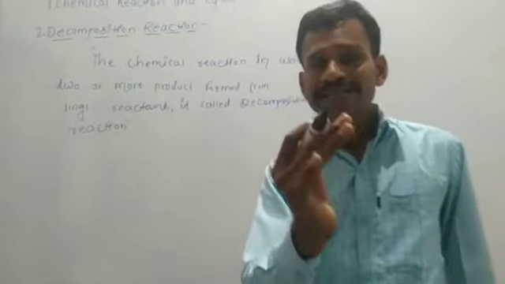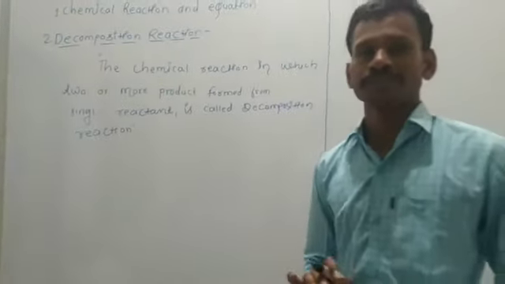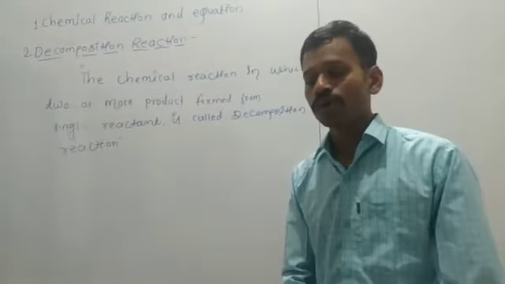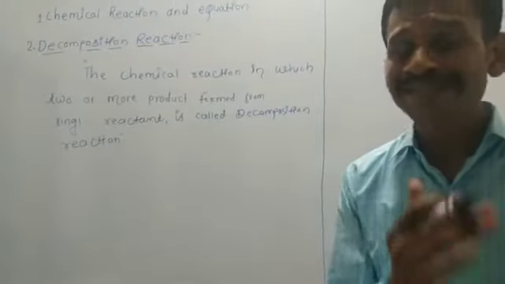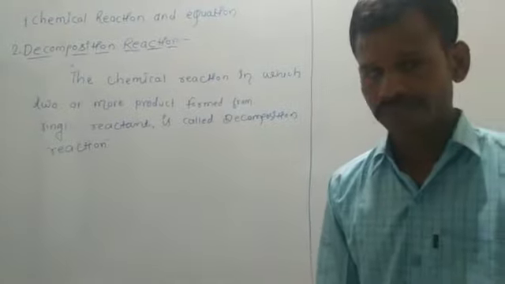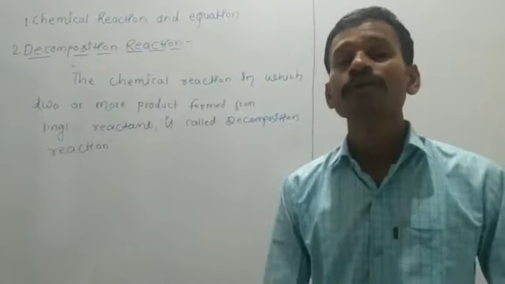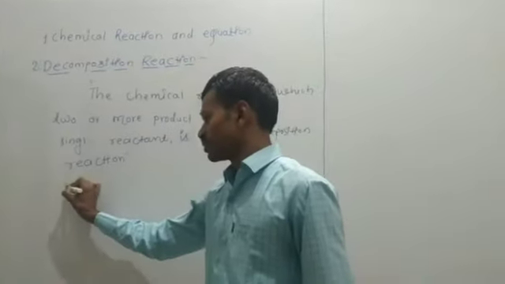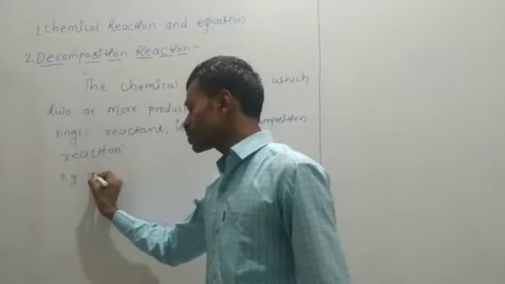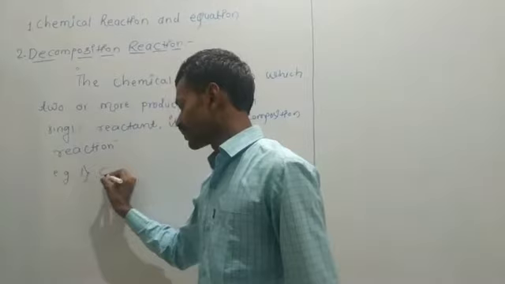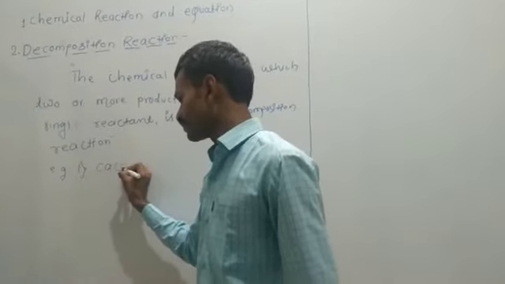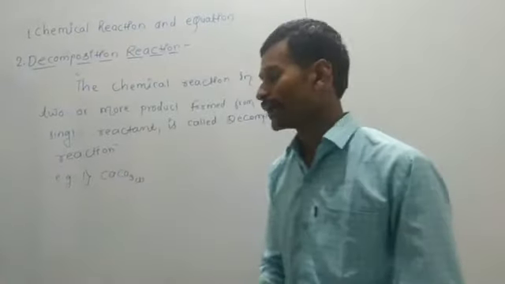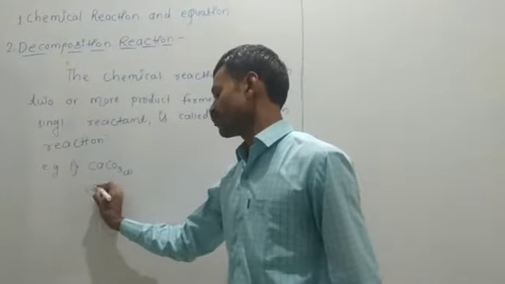We have a simple example, calcium carbonate. When calcium carbonate is heated, it forms two products. This is the first example. Calcium carbonate, CaCO3, is the formula of calcium carbonate.